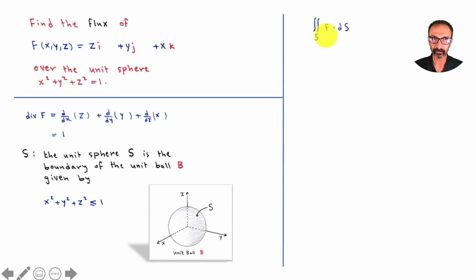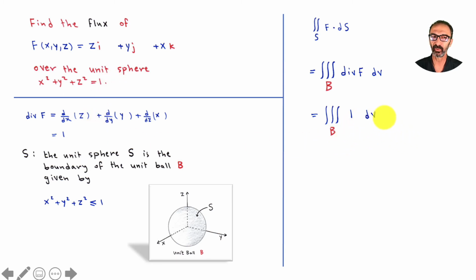So the double integral over the surface S, which is the unit sphere, of F dot dS is the triple integral of the divergence of F dV over the region E, but in this case the region E is the unit ball B. But the divergence was 1. Right here, sorry, I looked at the wrong one.